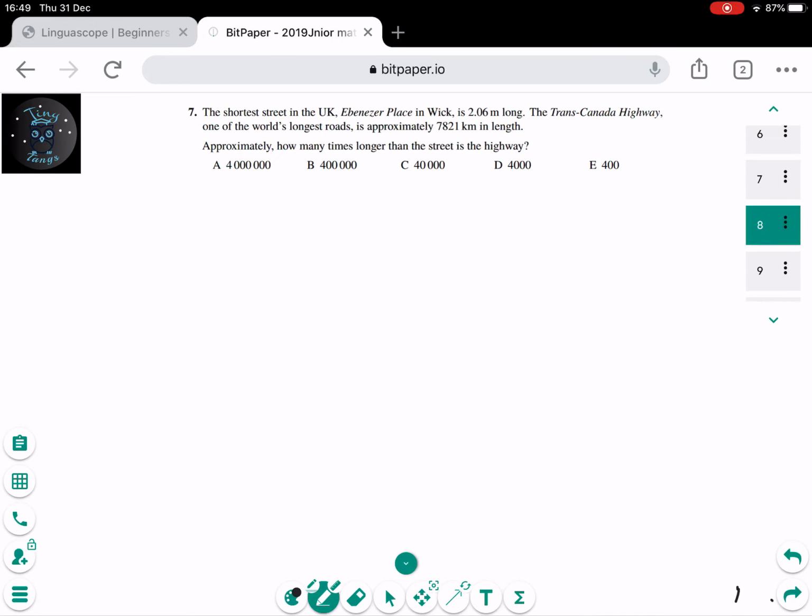For the seventh question, 2.06 meters. Let's just make 2.06 into 2 meters, and 7821 kilometers into 8,000 kilometers.